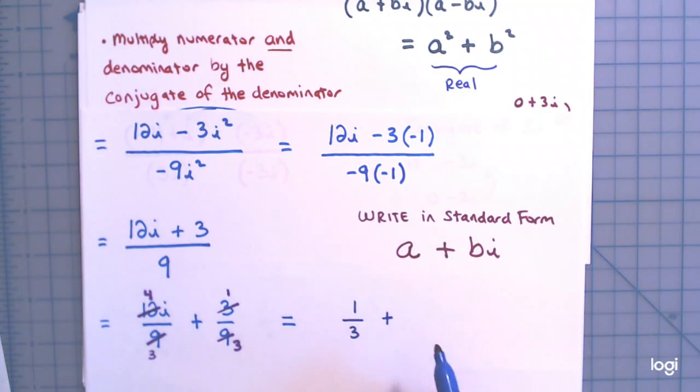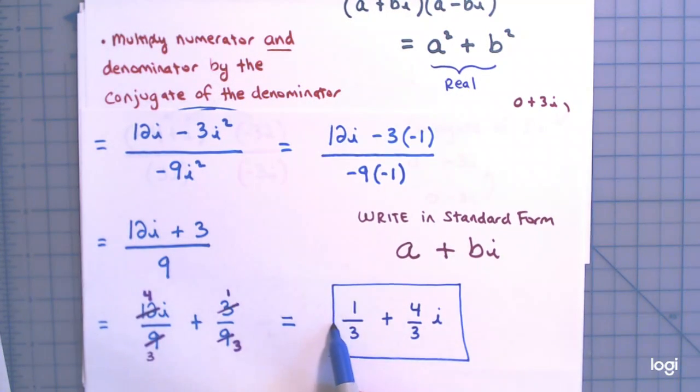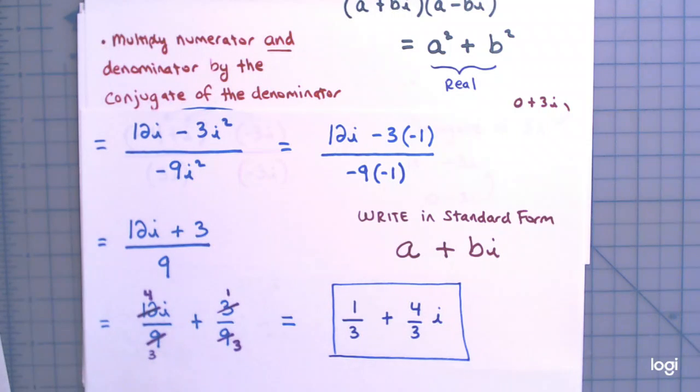Then plus, and then this is 4 times i divided by 3, or 4/3 times i, where I write it as a real number times i. This is the same thing as 4 times i all over 3, if you multiply the numerators and the denominators. And there you go. This is considered the quotient, the final result of our division.